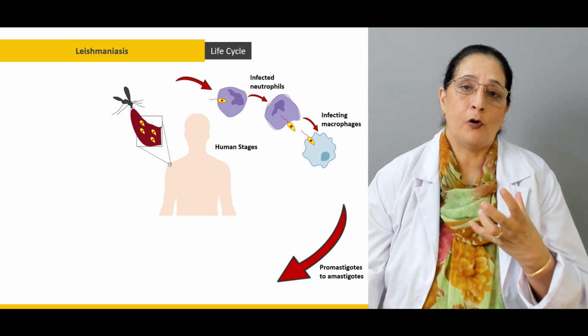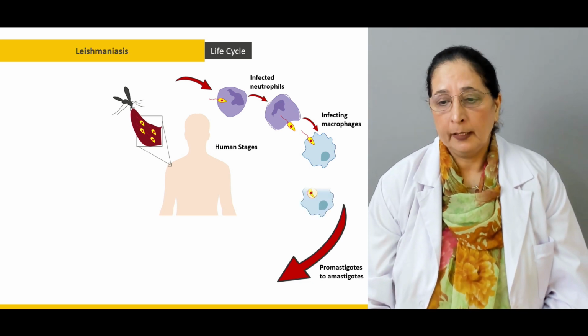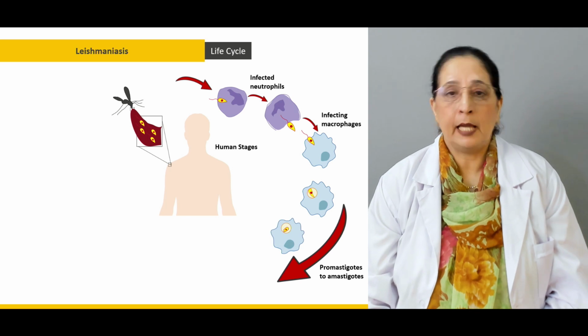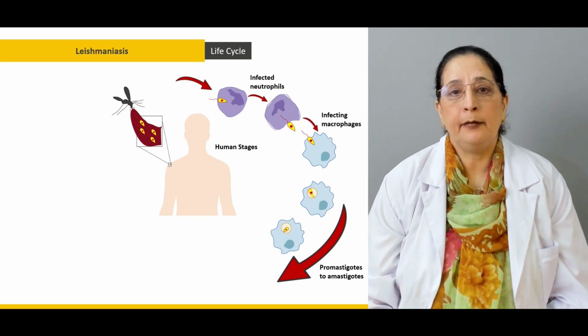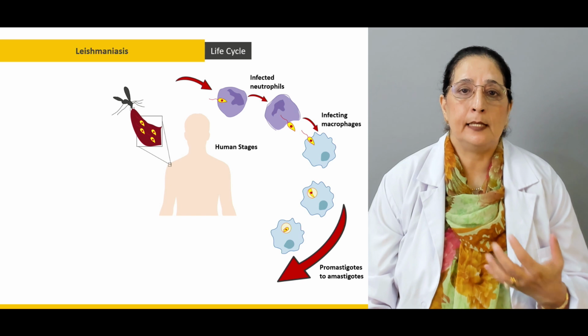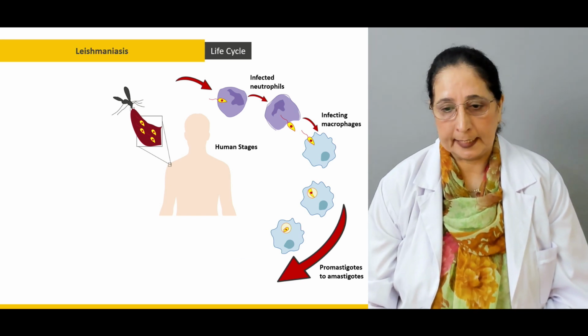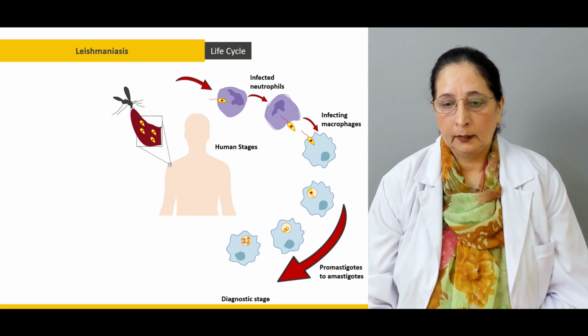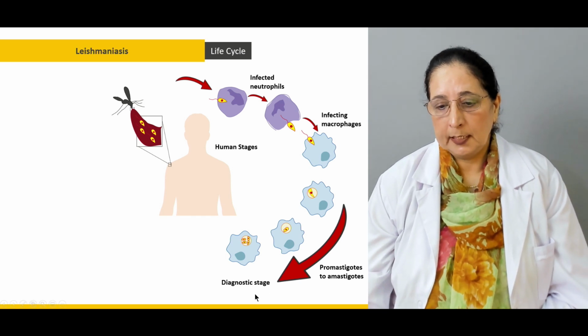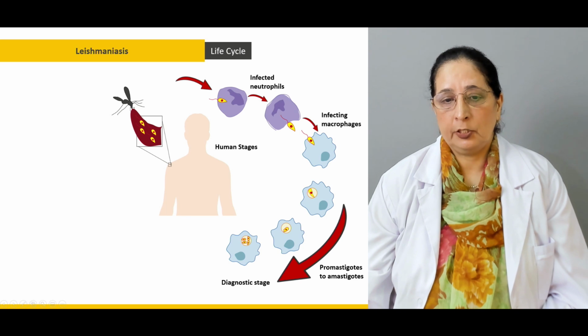This is the diagnostic phase in humans, where we can find the amastigote and tell that the person is infected and has leishmaniasis. So here you can see this is the diagnostic stage.